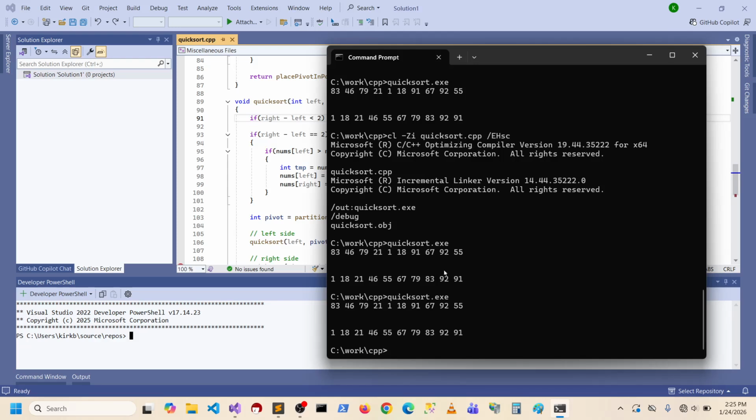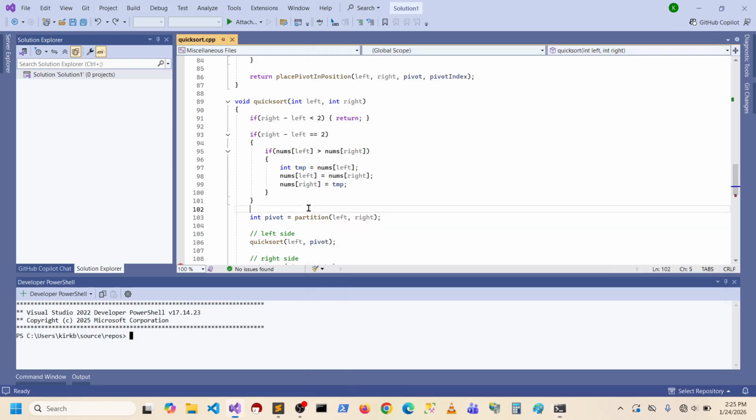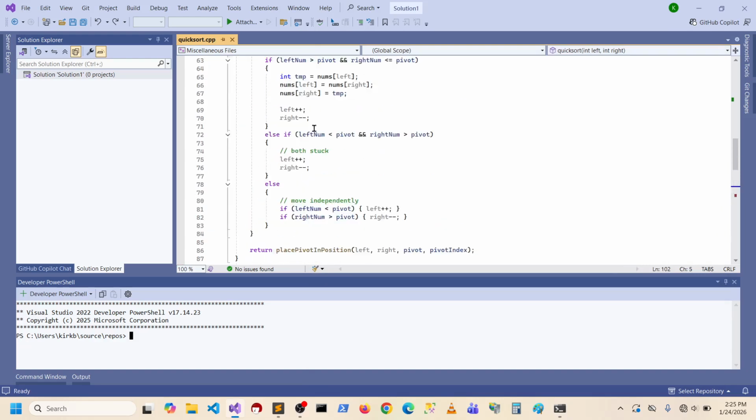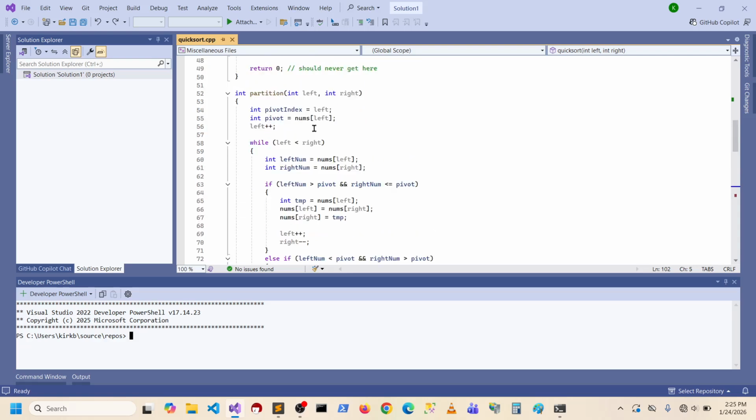So if we call partition with this, 92 and 91, index would be 92, or the pivot would be 92. Then these would equal each other, left and right, because that would increment.